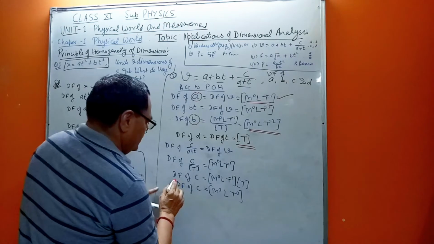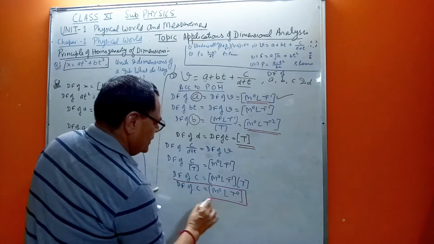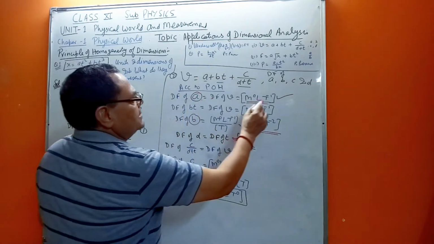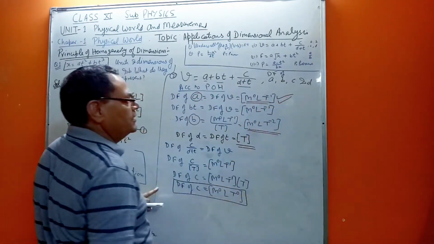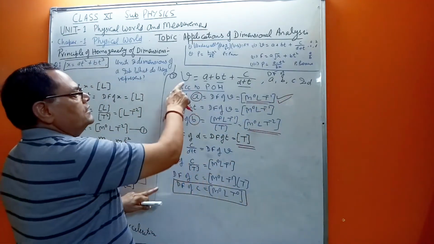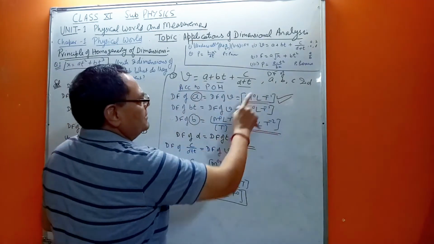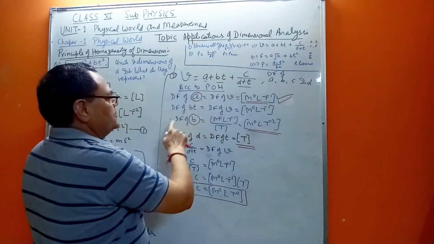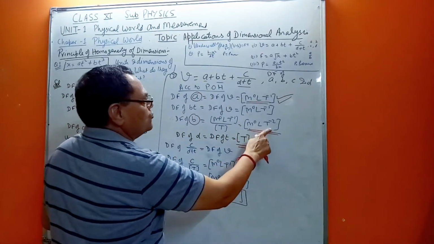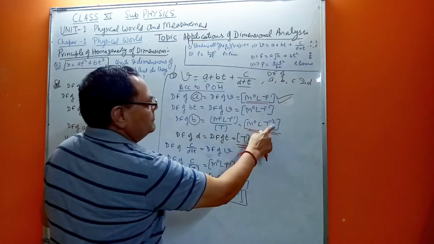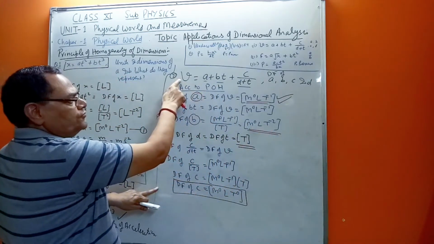So in this way we got all four answers, right? The dimensional formula of a is M L T^-1. You can check it even. This was velocity, and by the way a is also velocity, that is L T^-1. This is bt. So b we are getting as L T^-2, but when you multiply this by t, it becomes L T^-1, the dimension of v.